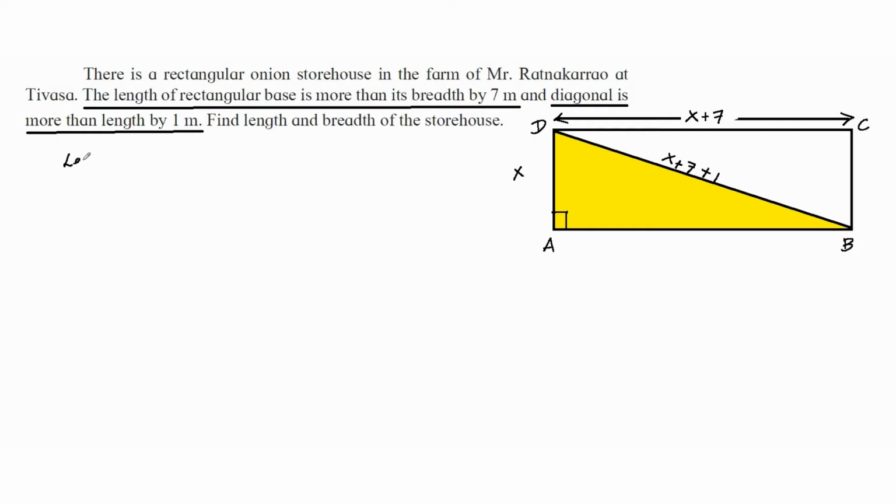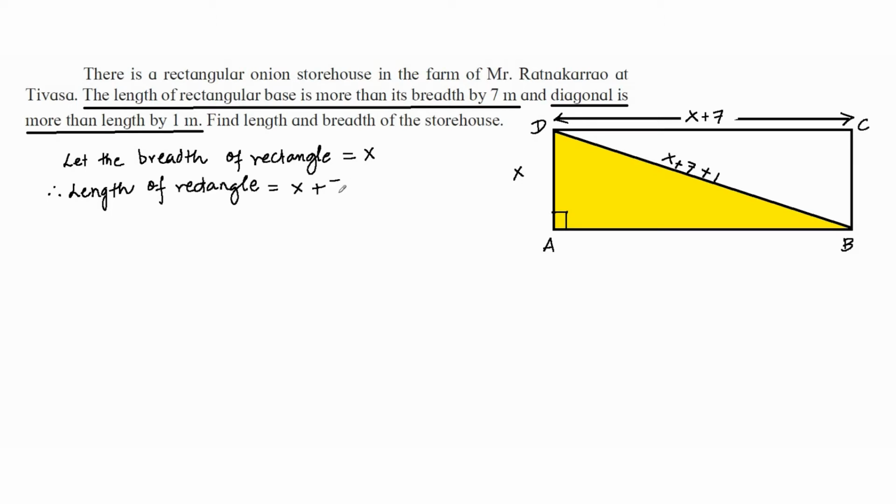I started off saying that let the breadth of the rectangle be x, and therefore the length of the rectangle was x plus 7, and the diagonal of the rectangle is therefore x plus 7 plus 1, that is basically x plus 8.